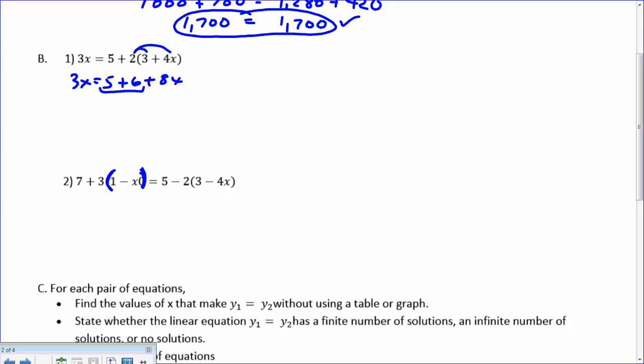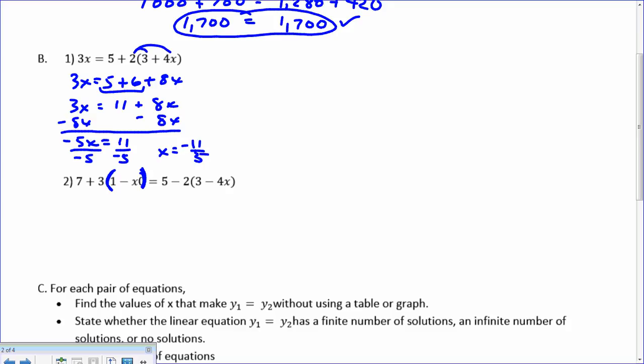And when I combine my like terms, now I always said to move the smaller number, but since there's an x over here, it's easier to just slide the 8x over. So subtract 8x, and I get negative 5x equals 11. And when you divide by negative 5, x equals negative 11 fifths, or negative 2.2.